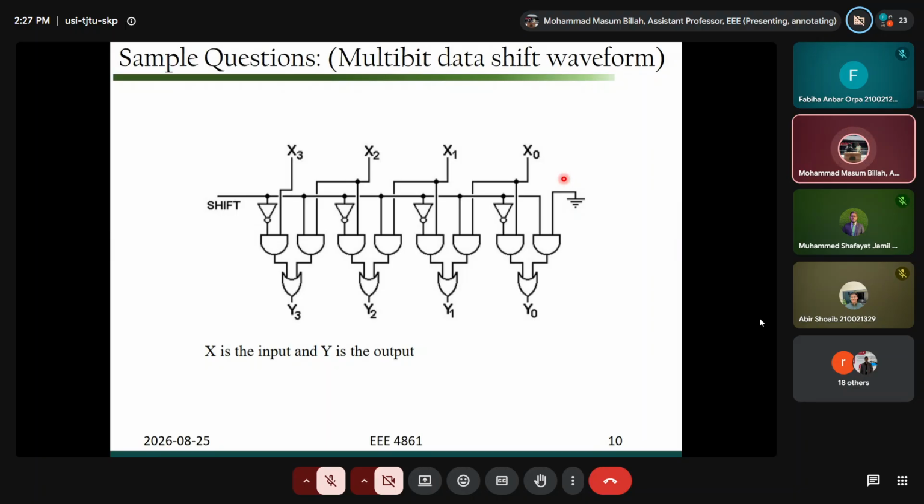So there are so many interesting things to understand in this circuit. Those who were in the class, I explained these things to you, so please prepare yourself accordingly. Multi-bit shifter using one shift control or one shift command signal, or multiple shift command signals like S0, S1.